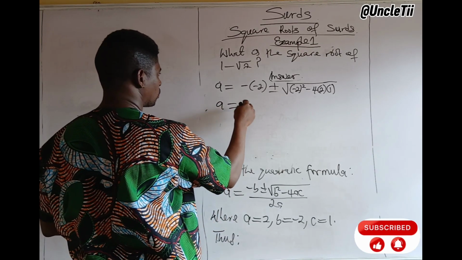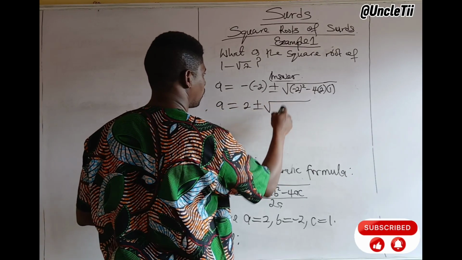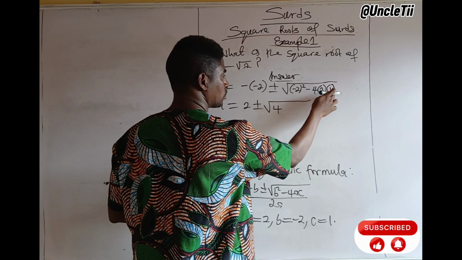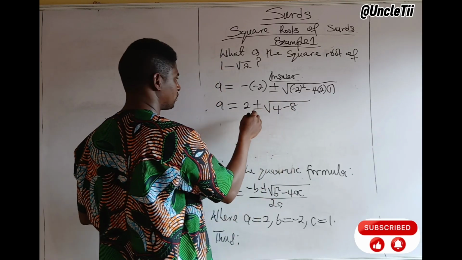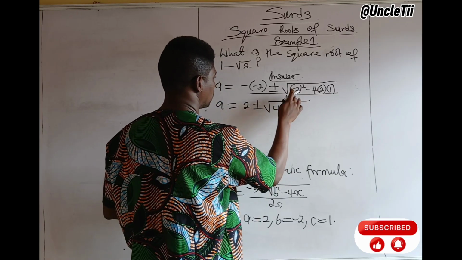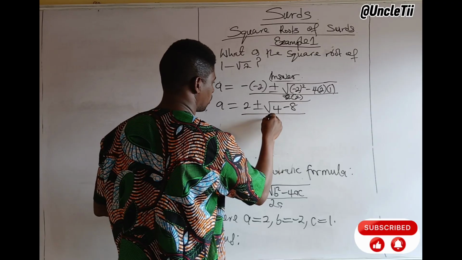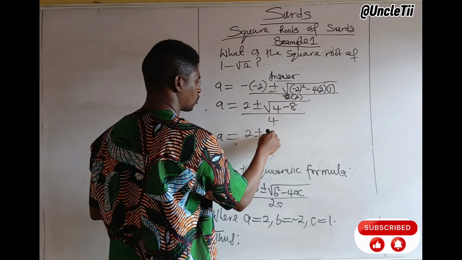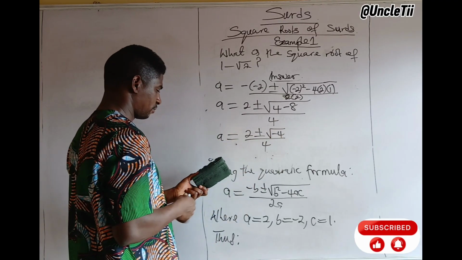So A will be equal to 2 plus minus square root of minus 2 squared is 4, minus 4 times 2 times 1 is minus 8. Over 2A is 4, that's 2 times 2. This will give us over 4. A will be equal to 2 plus minus square root of minus 4 over 4.